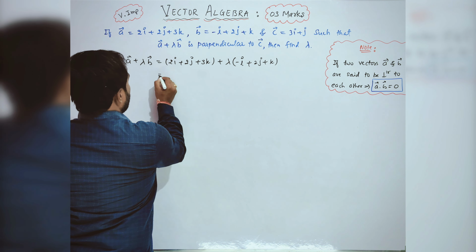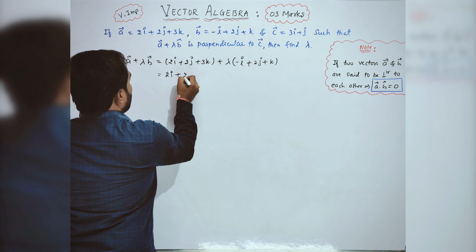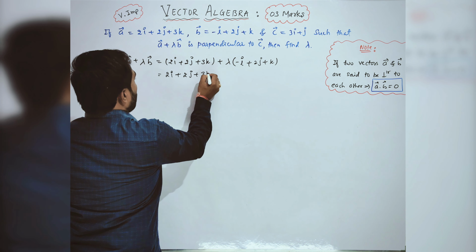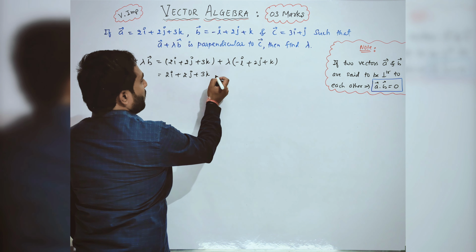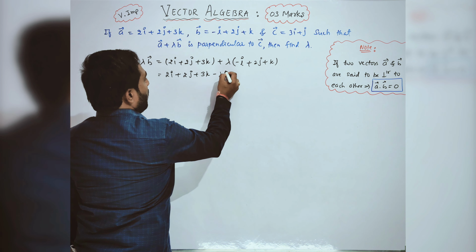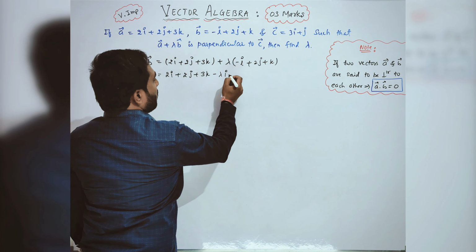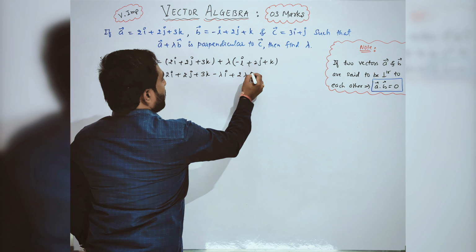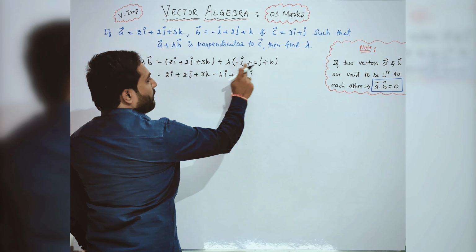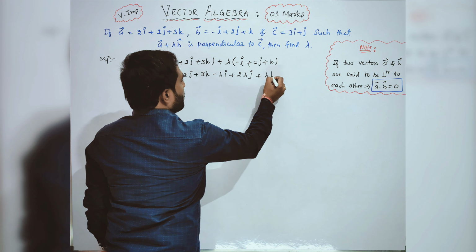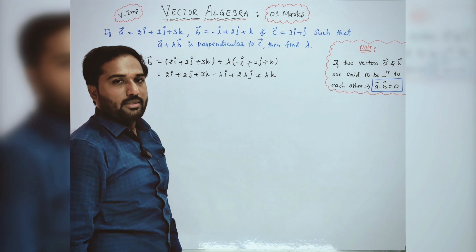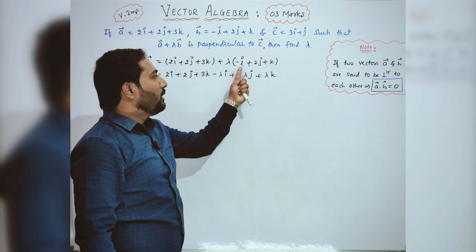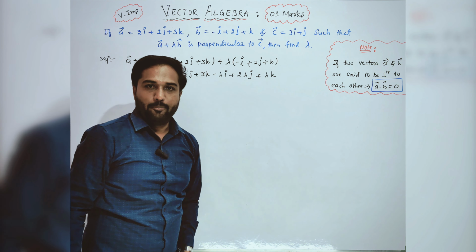Let us see. So this is 2i plus 2j plus 3k. Now I'll multiply lambda here. So this is minus lambda into i, lambda here 2 lambda j, right? Again lambda with k, plus lambda k. This is simple, just multiplying lambda into i, j and k. Okay.